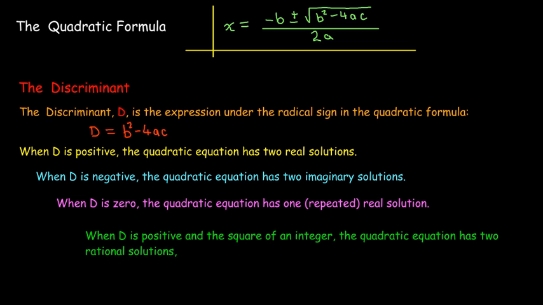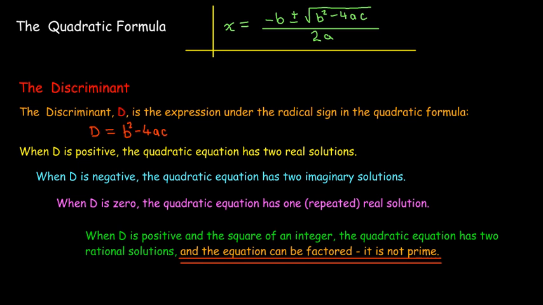And that tells me that we can factor the equation. So if we're asked to factor something and we think that it's prime, we can check by calculating the discriminant. If the discriminant is not a perfect square, then you have a prime polynomial. If the discriminant is a perfect square, then it can be factored.